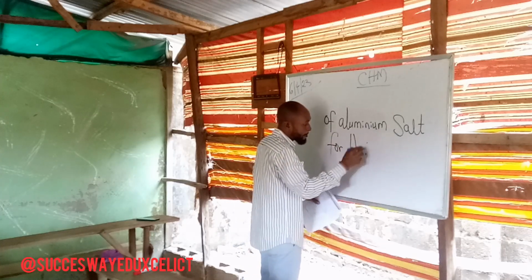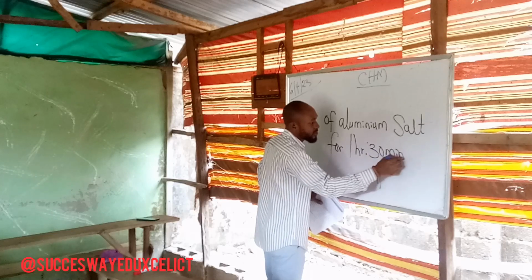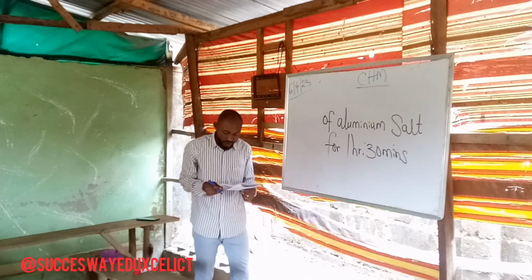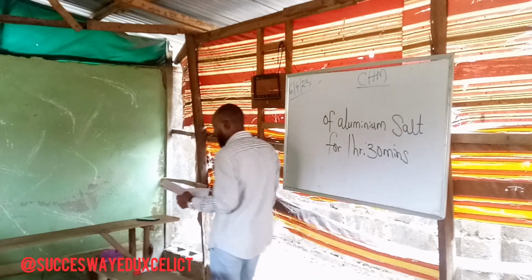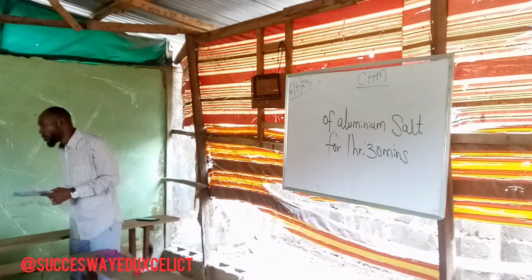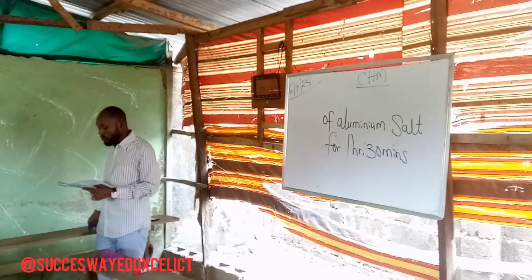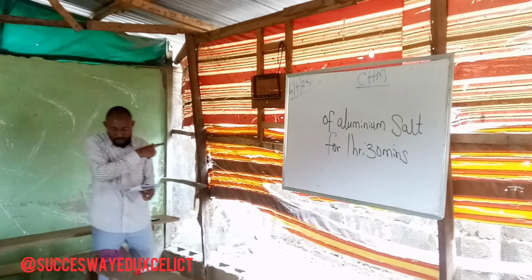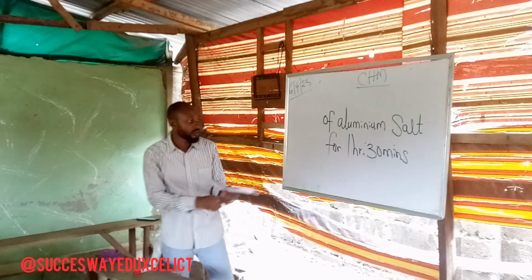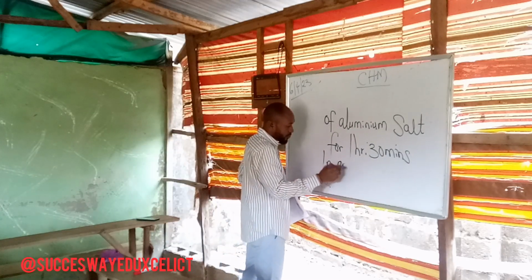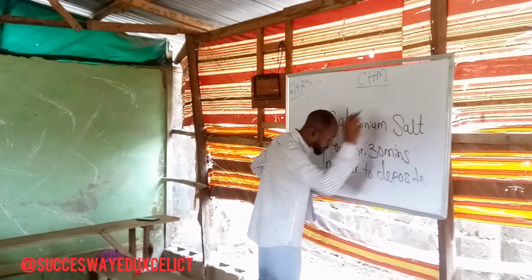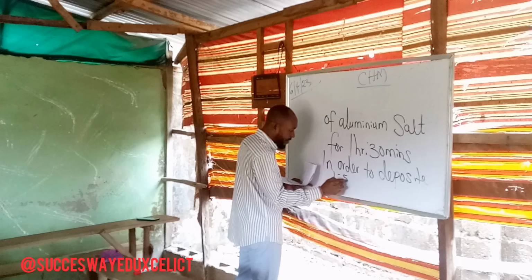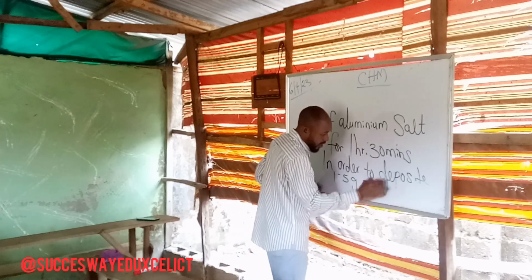I started by saying calculate the current that must be passed into a solution of aluminium salt for 1 hour 30 minutes in order to deposit 1.5 grams of aluminium.